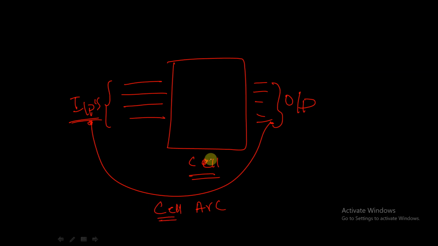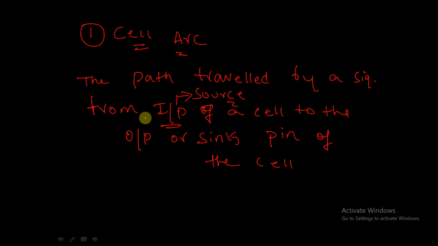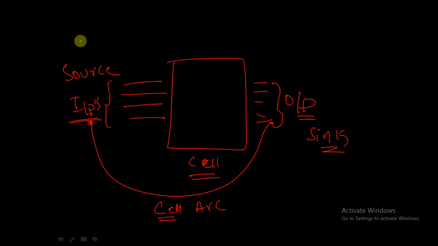Since we are considering a cell, it is called a cell arc. These cell arcs are again divided into two parts. One is called combinational arc and another is sequential arc.